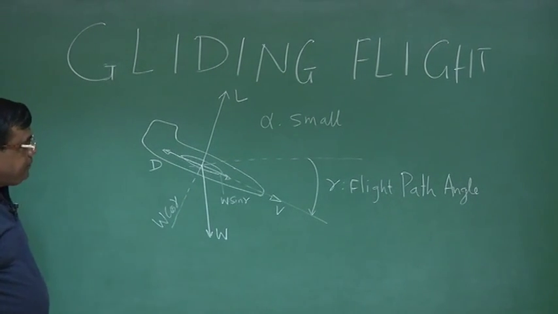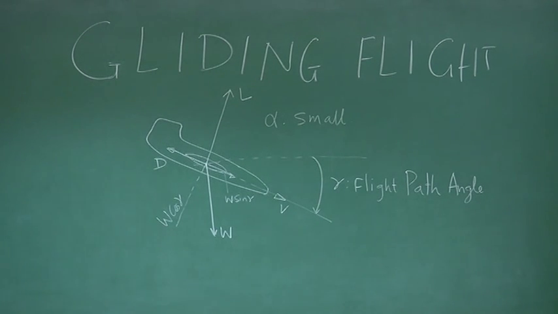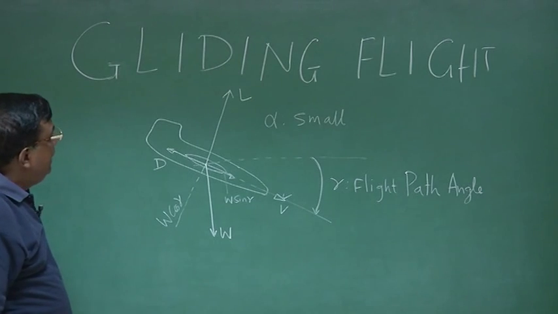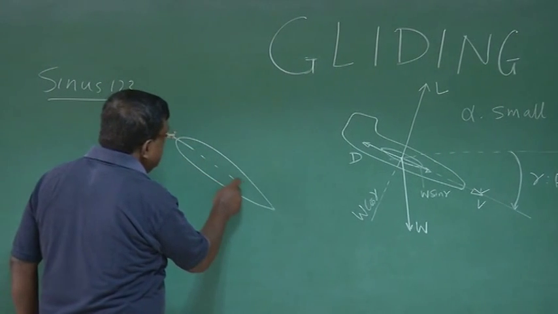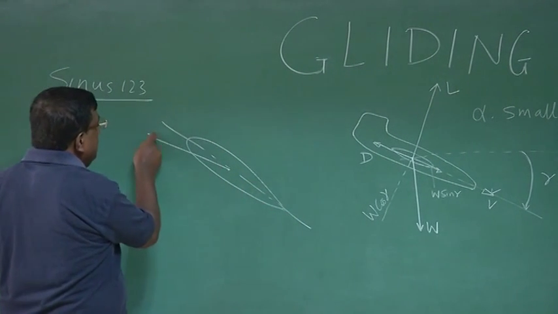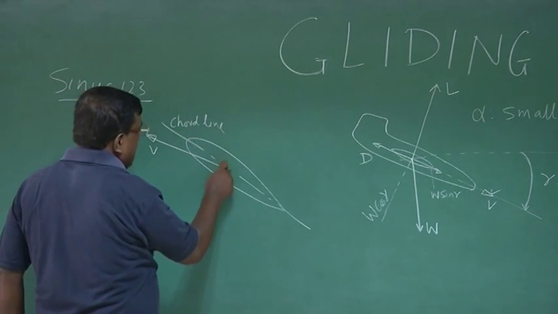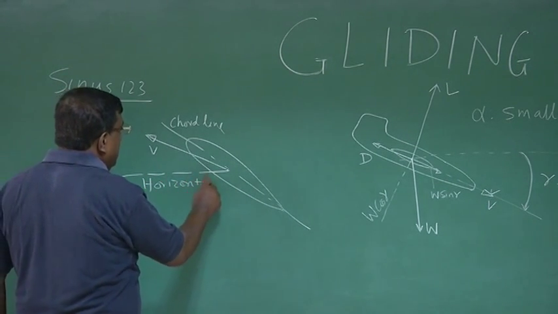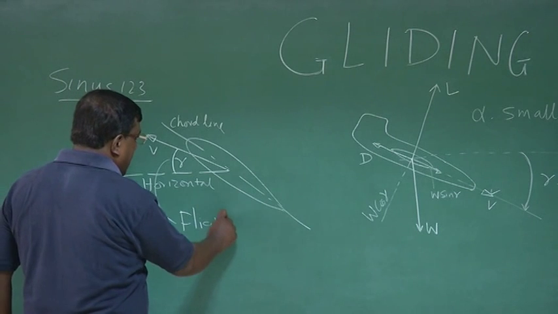Look at this diagram. This is the aircraft, or to be more specific, we will now call it a glider, which is descending. This is the velocity vector. This angle gamma is called the flight path angle. If we recall, we defined three angles. If this is the velocity vector, and this is the chord line or reference line, and this is the horizontal, then this angle gamma is called the flight path angle.